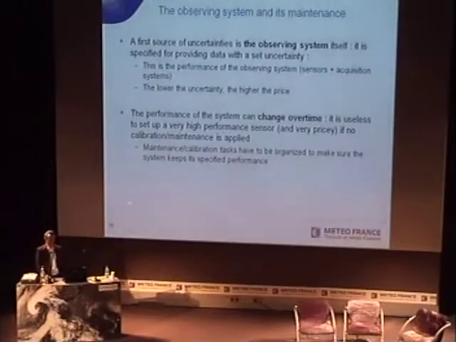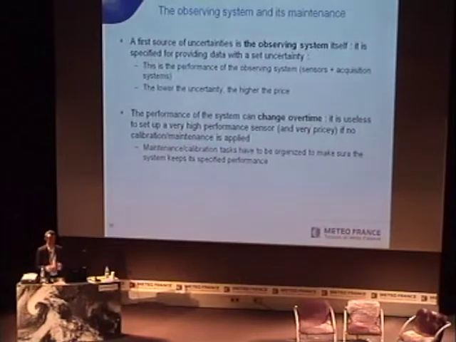So the first one, the observing system, has limits within itself. The sensors and the acquisition systems are designed for a maximum accuracy, and often the lower the uncertainty, the higher the price, of course.